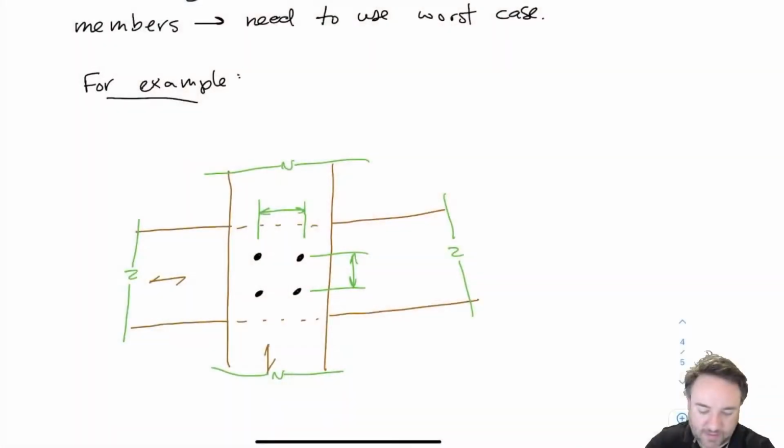Okay, so as I mentioned, the parallel to grain spacing in one of these is going to be the perpendicular to grain spacing in the other one when I have an overlap of two of these members. So I'm going to have to use the worst case for both of these spacings. So both of these spacings are basically going to have to be the parallel to grain spacing, which is the worst of the two.